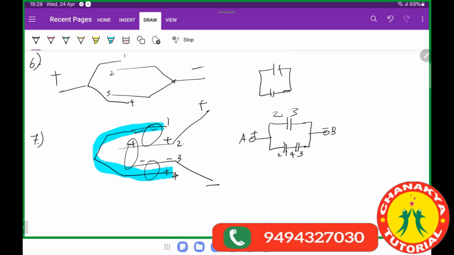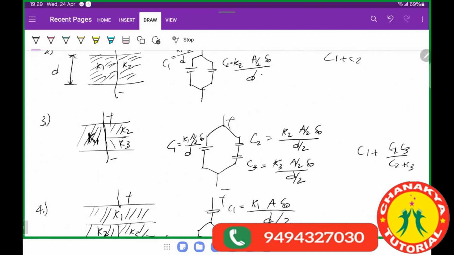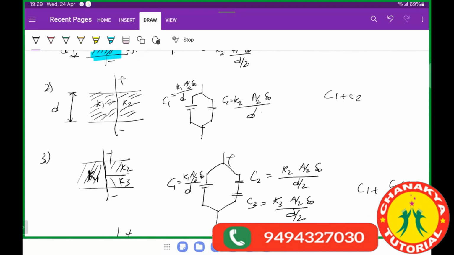So this will become C plus C into C by C plus C. That means 2, 3, 3C by 2. This will become 3C by 2. Symmetric.